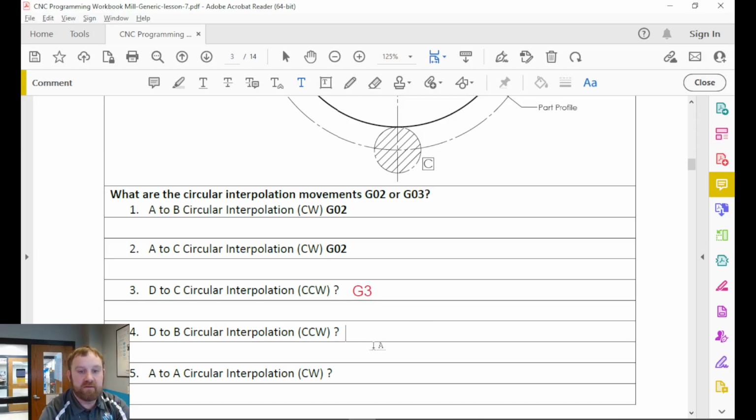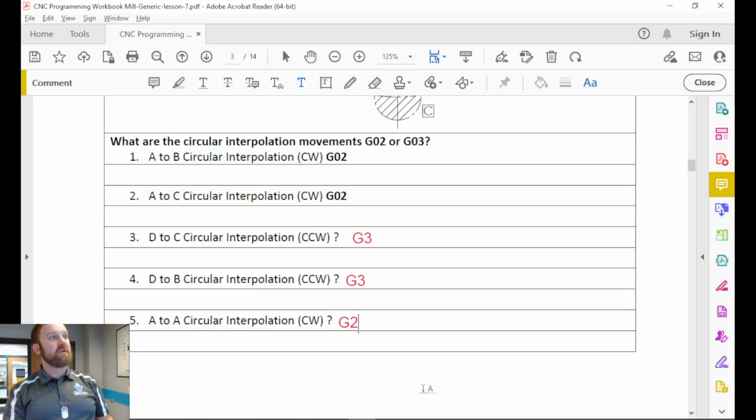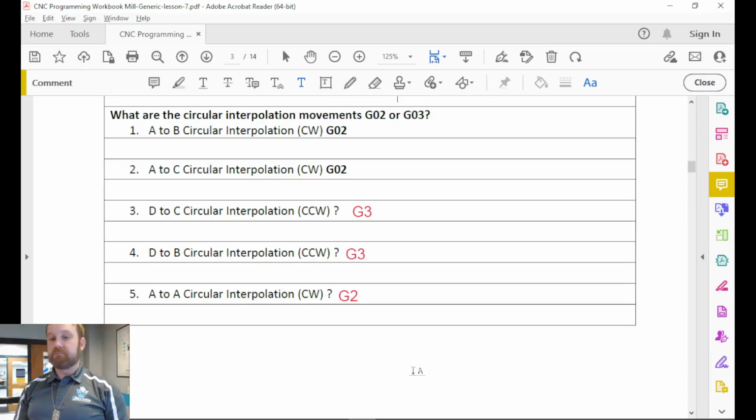Jack. Counterclockwise, D to B. G3. Mueller. Clockwise. G2. I don't care which points it's going from. It doesn't matter. All that really matters for that first code is whether or not it's clockwise or counterclockwise. Okay, that's all that matters on those.